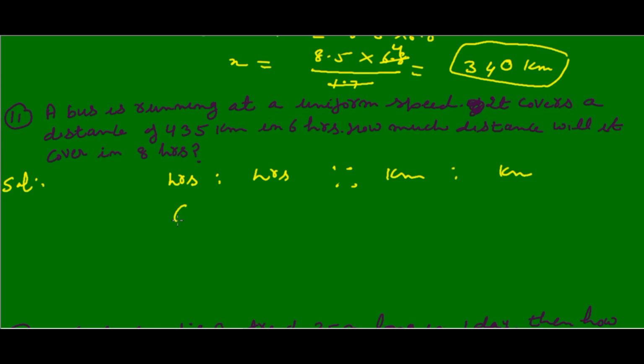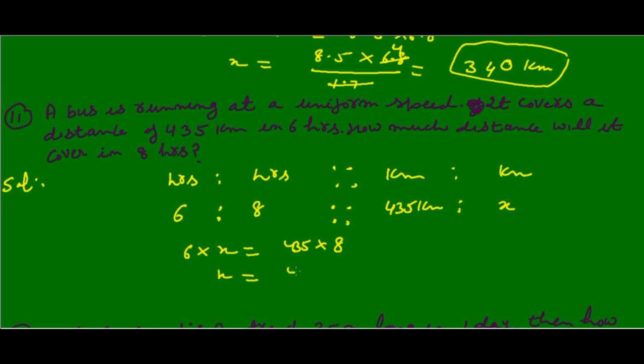First 6 hours. In 6 hours it covers how many kilometers? 435 kilometers. Will it cover in 8 hours? 8 hours would be here, put proportion here, kilometer that we are going to find, we will take as x. So product of extremes, 6 multiplied by x equals product of means, 435 multiplied by 8.